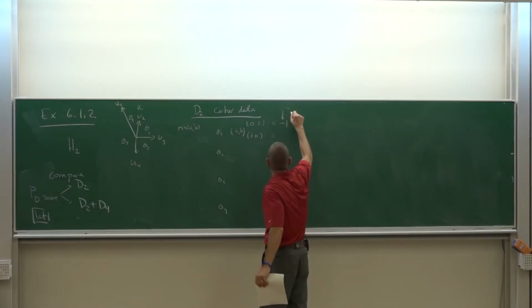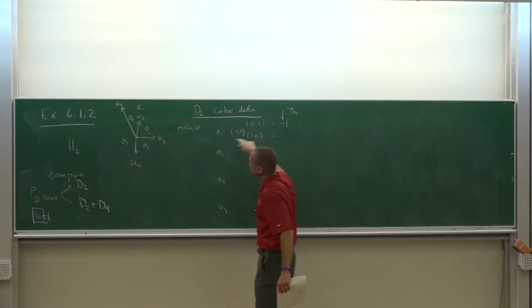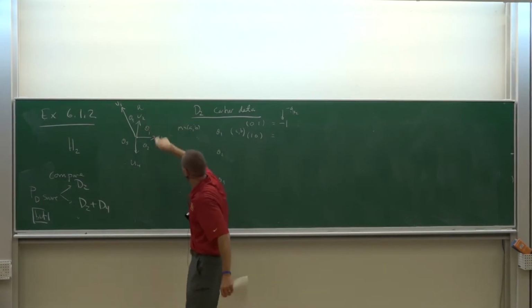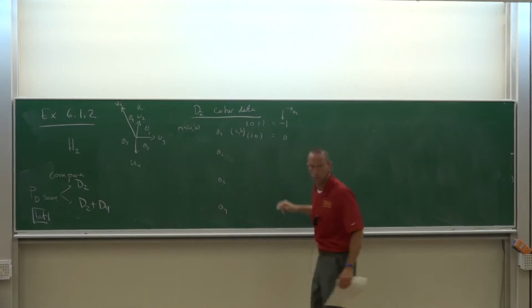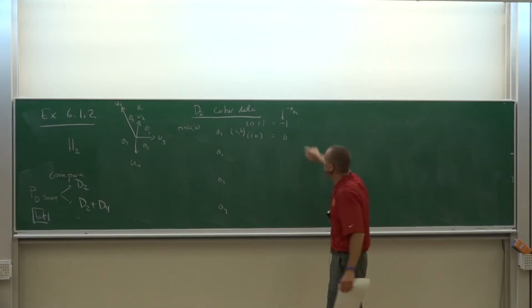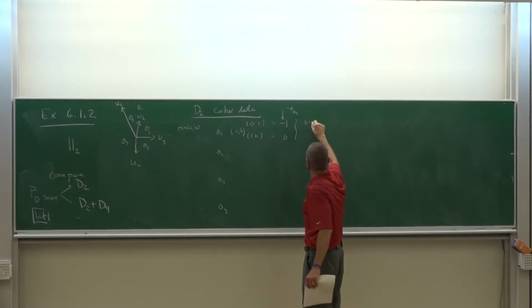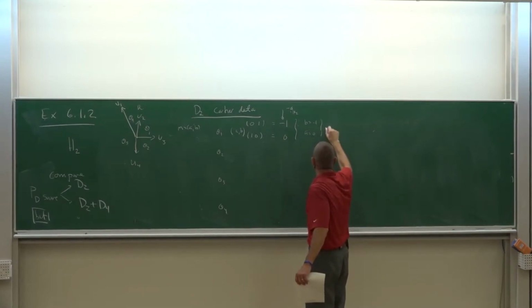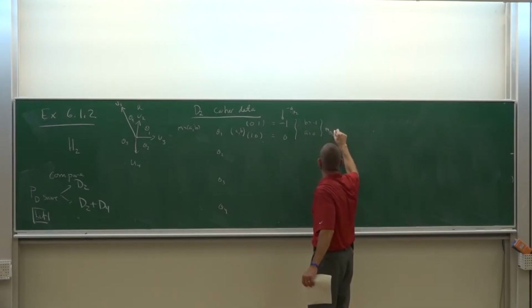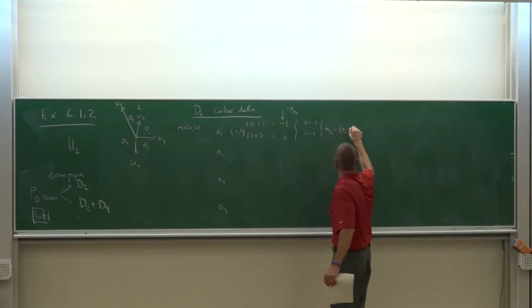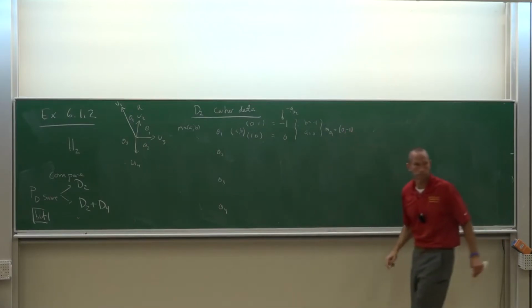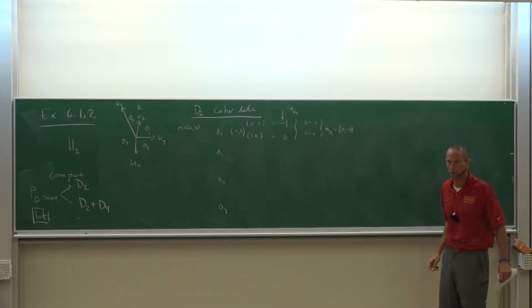And D2 is not supported on the other ray, so that has to be 0. That's my local data. So B equals minus 1 and A equals 0. My M sub sigma 1 is just the lattice point (0, minus 1). Everybody good to go?